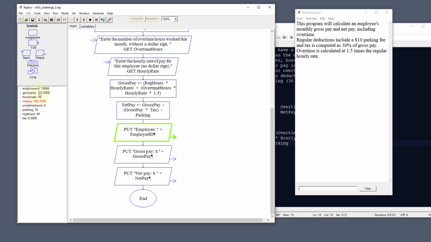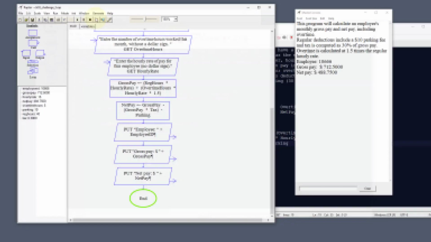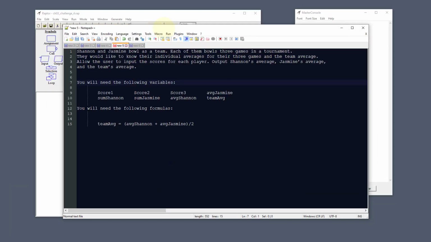So we have to set our net pay. Here's our net pay right there, $488.75, because that's our amount that we subtracted our parking from and we subtracted our tax from. And then we're going to output to the user our employee ID, our gross pay, $712.50, and our net pay of $488.75. Challenge number 4 for Chapter 3.